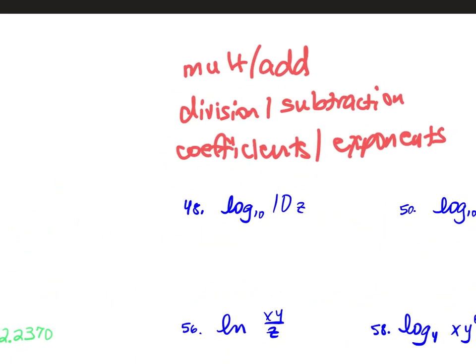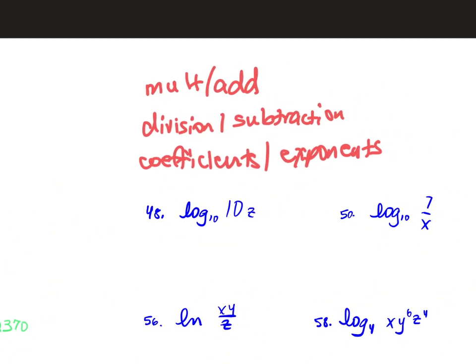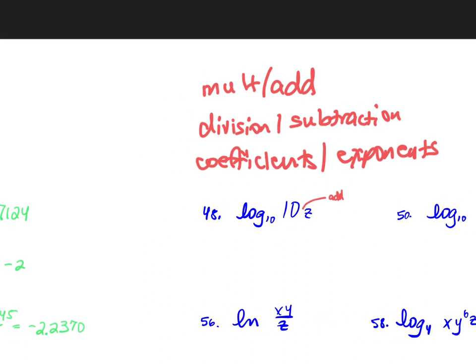So in this case, the directions would tell you to expand. If you notice, you have a 10 times z. There's a multiplication in the middle there. When you have multiplication and you're pulling apart, what do you think of? Addition. So when you are pulling things apart, each piece gets its own log, or ln.